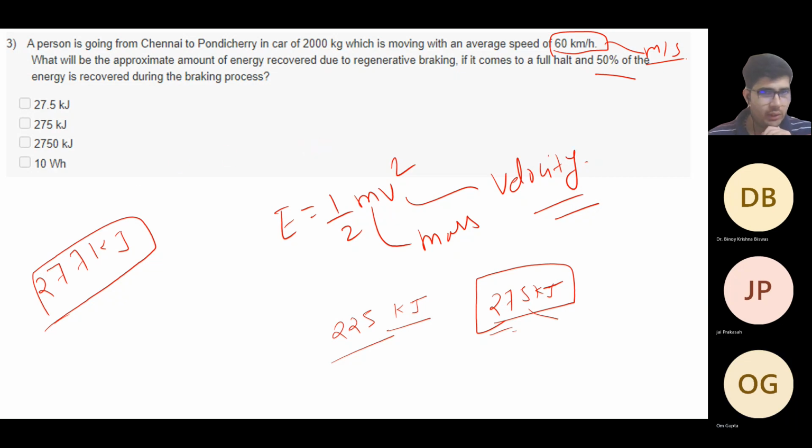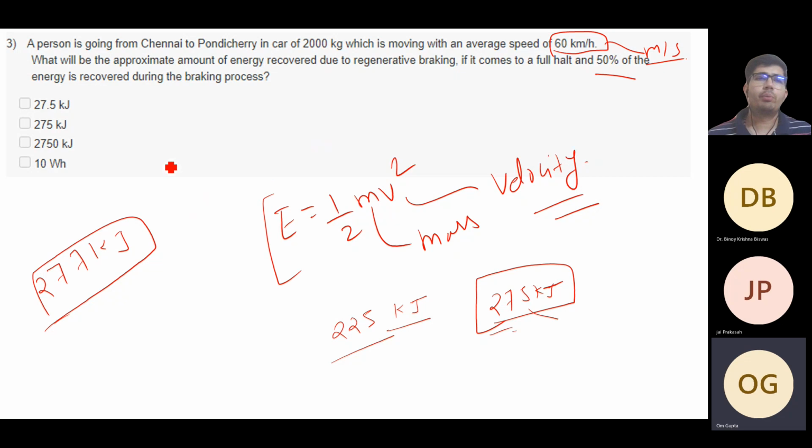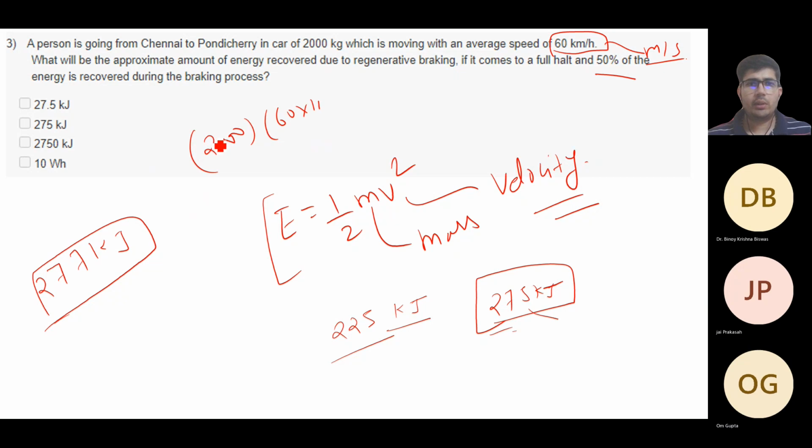Basically, if you apply this formula, first you put the mass, 2000, then you put the velocity in meter per second: 60 into 1000 over 3600, squared, times half.